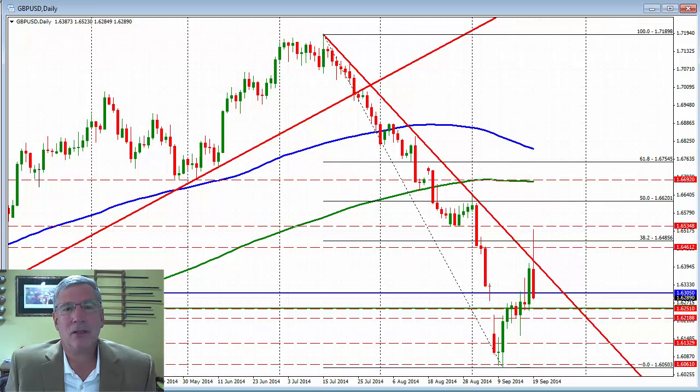I want to take a look at that price movement and divorce myself from the emotion, and instead look at where we stand from a technical perspective and what the market is telling us, using the price and the tools that I apply on a daily basis, as to the bias and also where the pound should be.